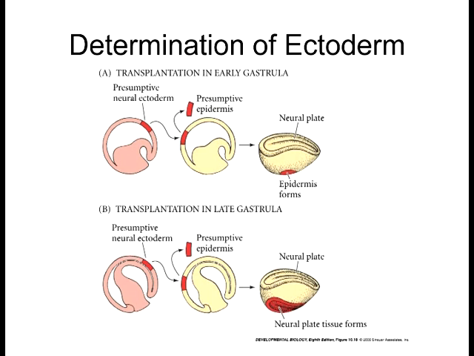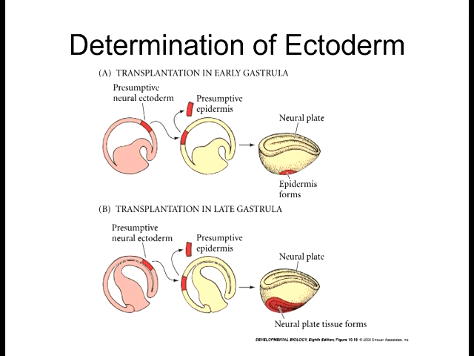The cells are not committed at that point to become ectoderm or neural tissue. However, they find that at a later stage, if they take the same tissue that's been affected by the organizer and move it to another area, it starts forming neural tissue where it shouldn't.